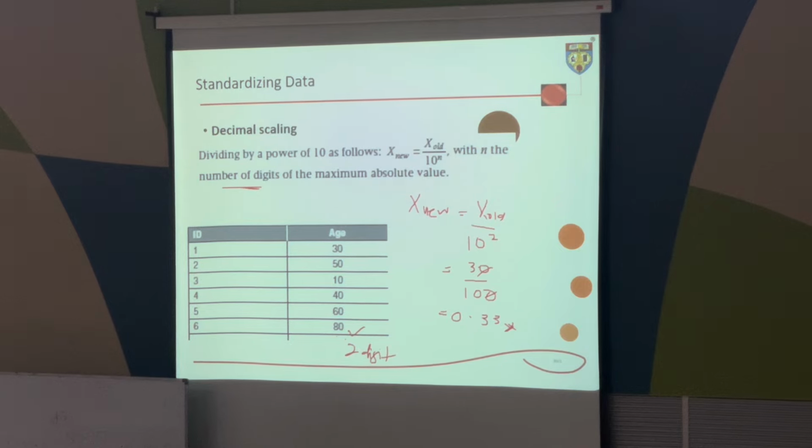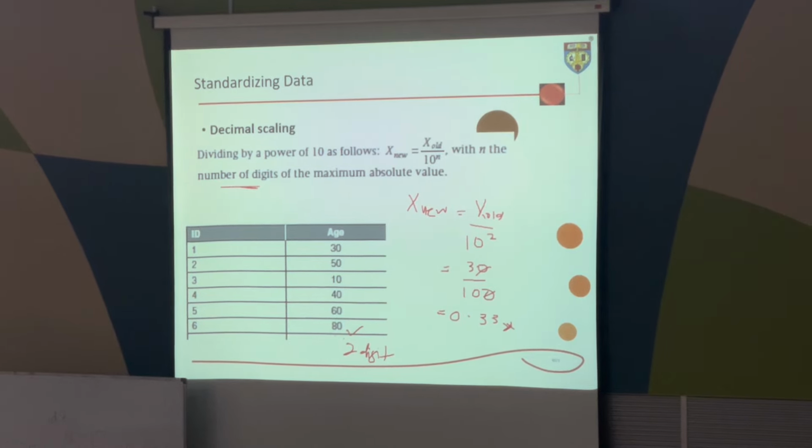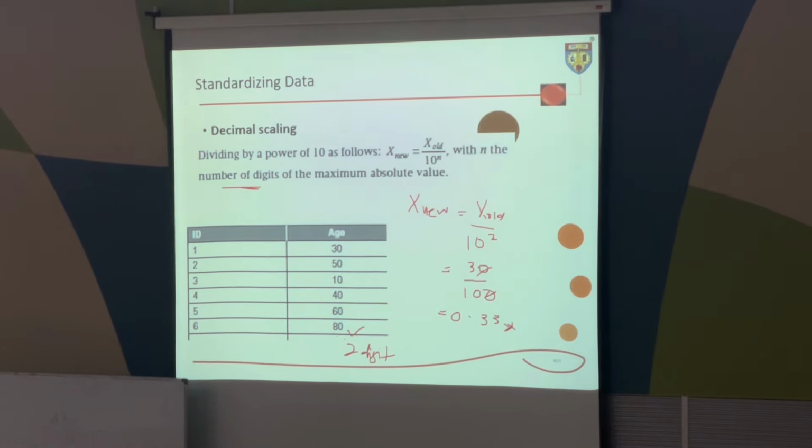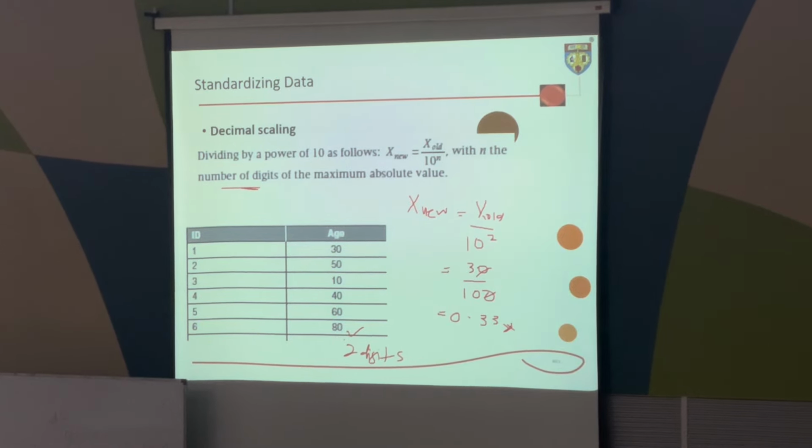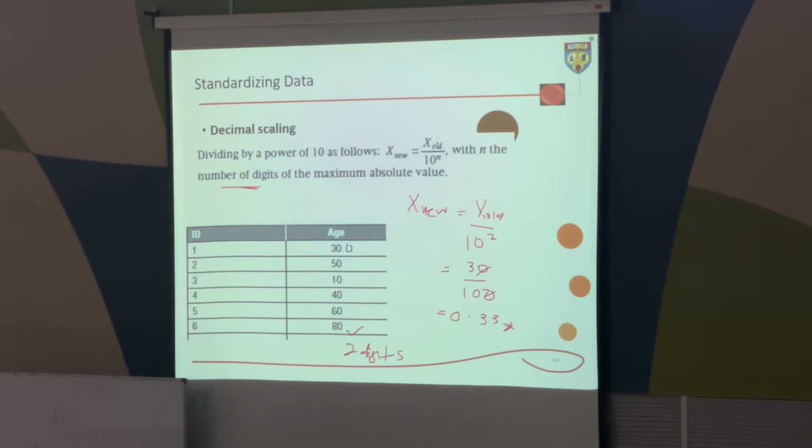I think decimal scaling is good compared to other standardization techniques. For example, in your records, let's say the first ID is 300.